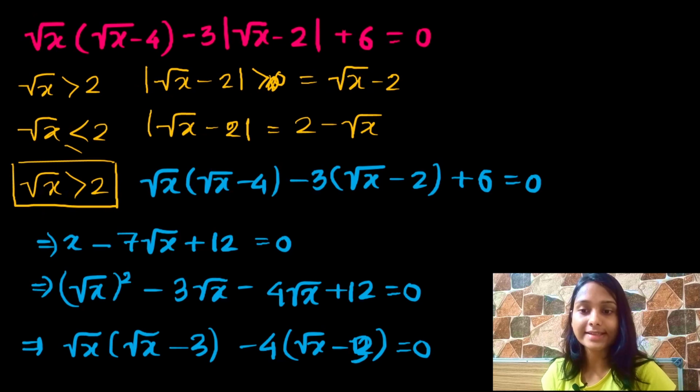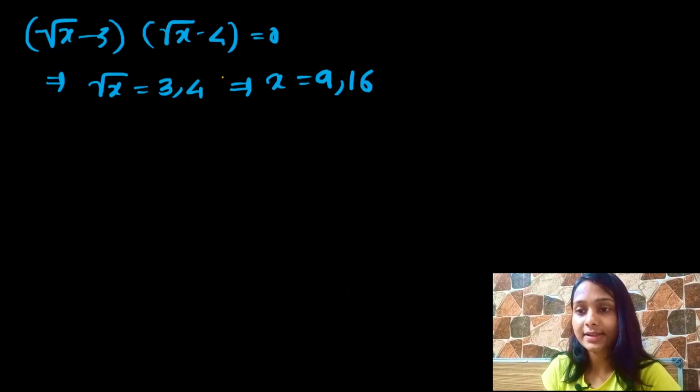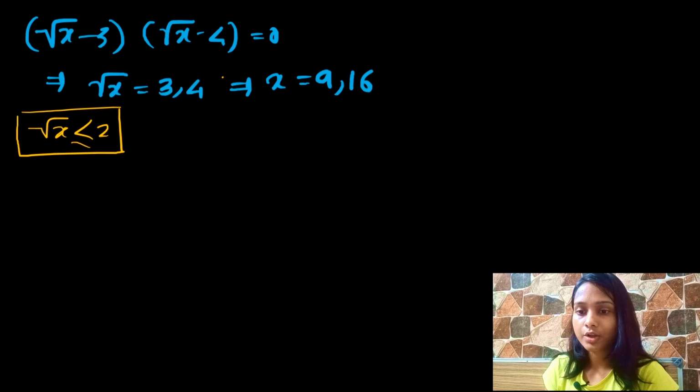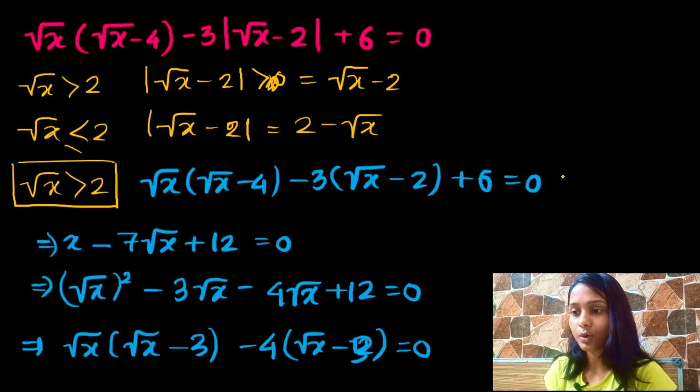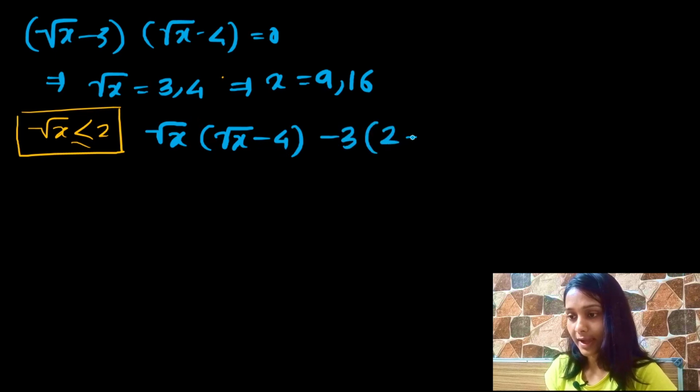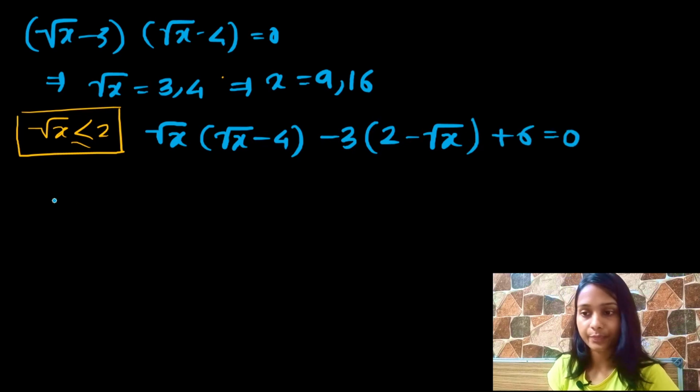Now let us come to the second case, which is root x lesser than or equal to 2. This one. So same here, only it will change to 2 minus root x. So it will give root x minus 4 minus 3 into 2 minus root x plus 6 equals 0.